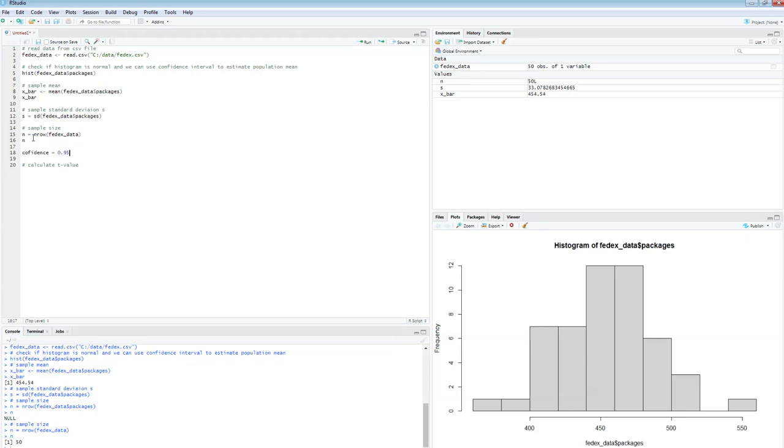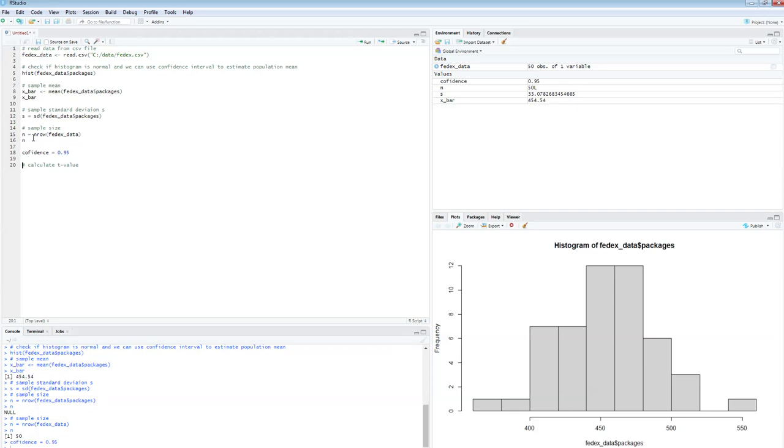It's 0.95, and I'm going to run this line. It's not effective, it didn't happen unless you ran it, right? I'm going to be 95% confident, so therefore the area that I need in the right tail and in the left tail together is 5%. Divided by 2, that gives me 0.025, right?